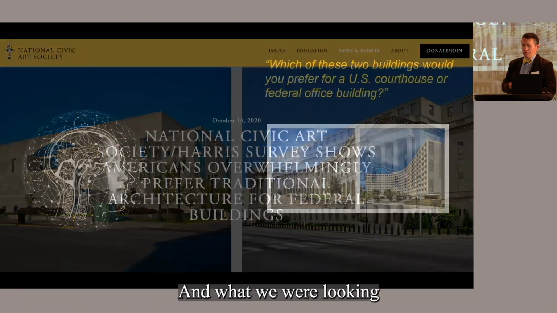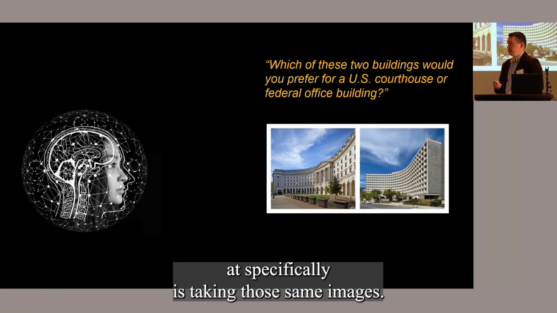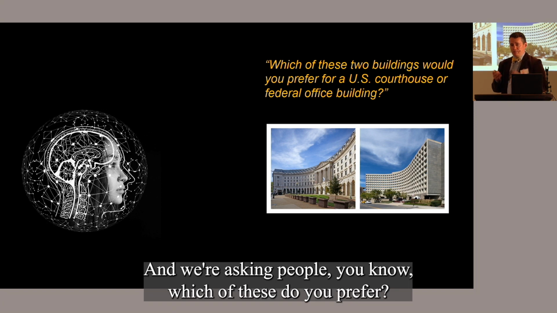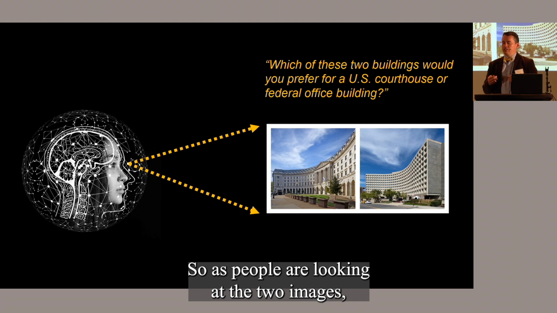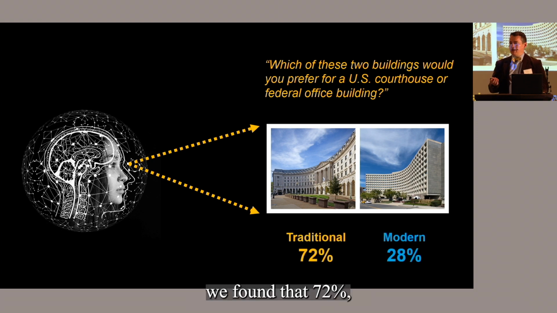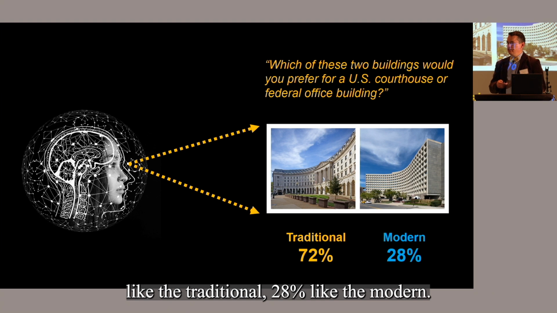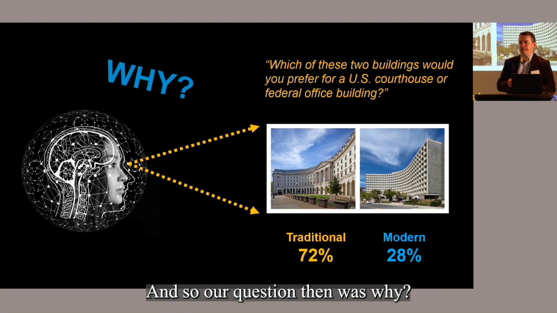And what we were looking at specifically is taking those same images, and we're asking people, which of these do you prefer? So as people are looking at the two images, we found that 72% like the traditional, 28% like the modern.